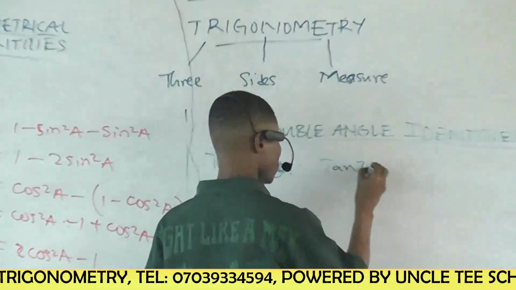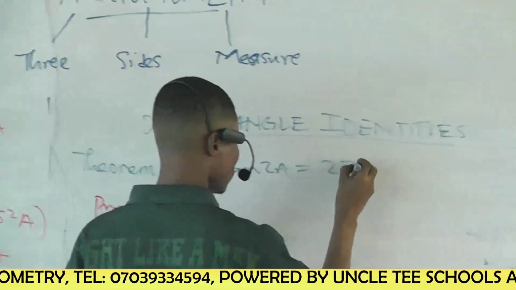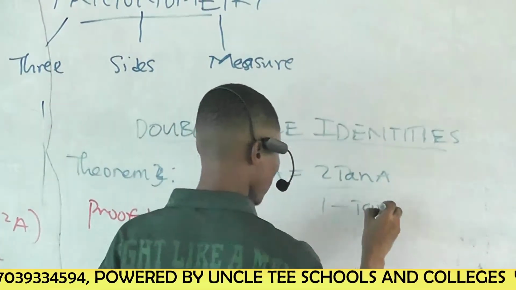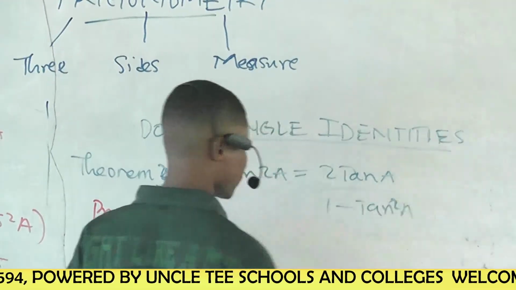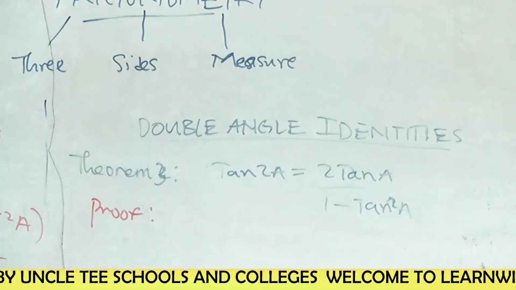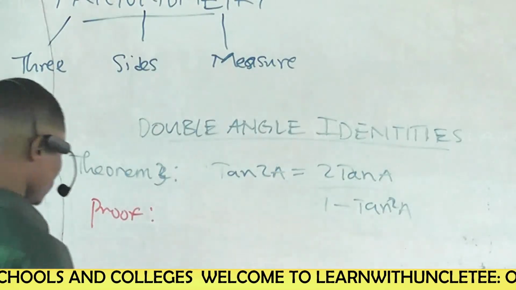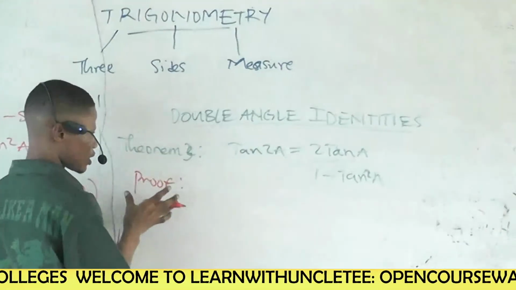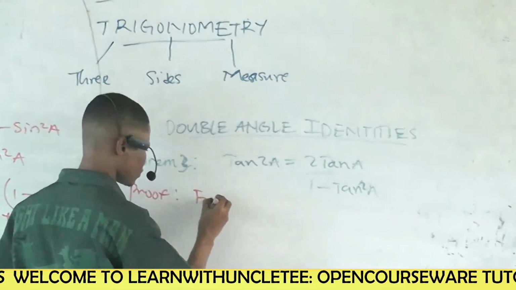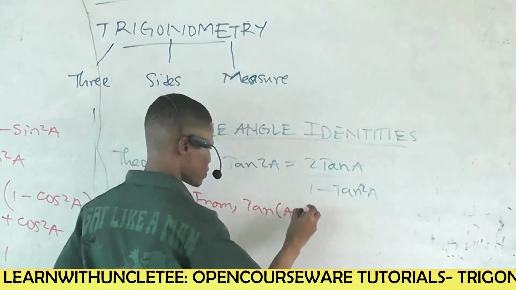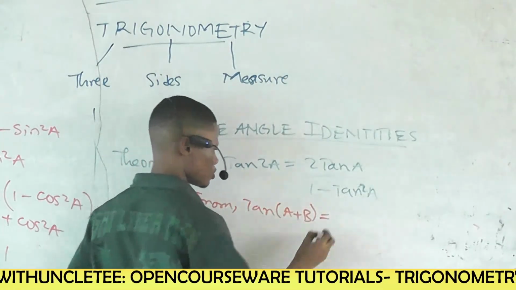tan 2A is equal to 2 tan A over 1 minus tan square A. Now, can someone prove this? You can state the proof from tan A plus B equal to what?